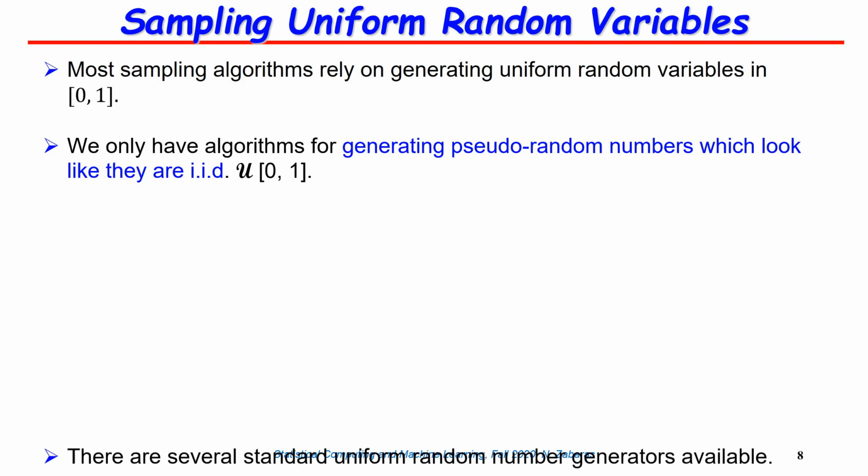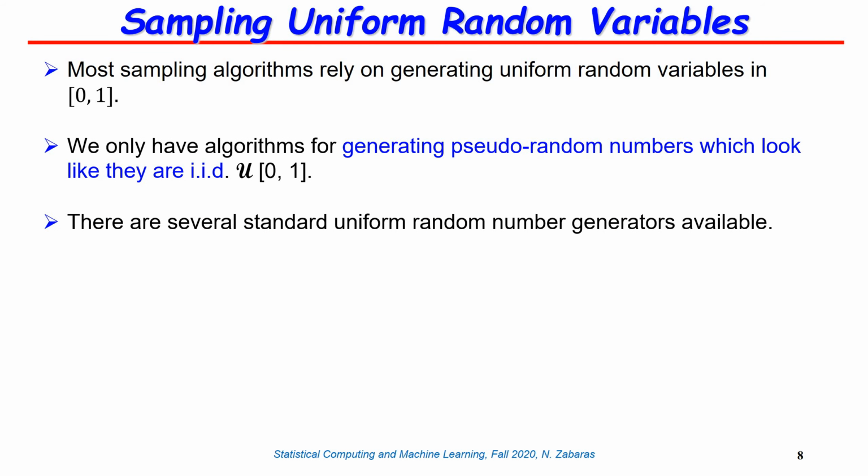So let me just say that in the lecture today and all the lectures on Monte Carlo methods, we're going to assume that we have the means, the software and the algorithms, to sample from the uniform distribution from 0 to 1. And most computer platforms do have what is called a pseudo-random number generator for uniform random variables.